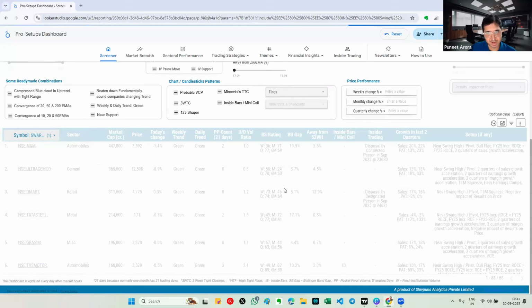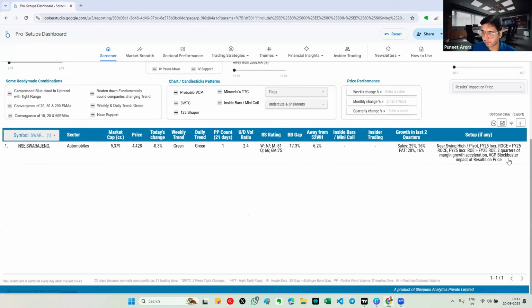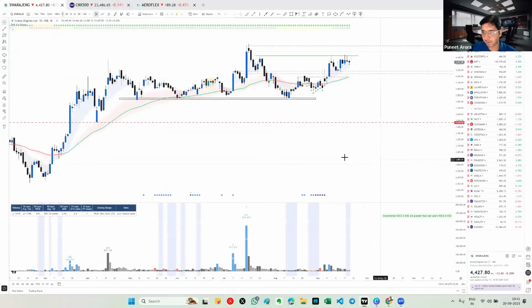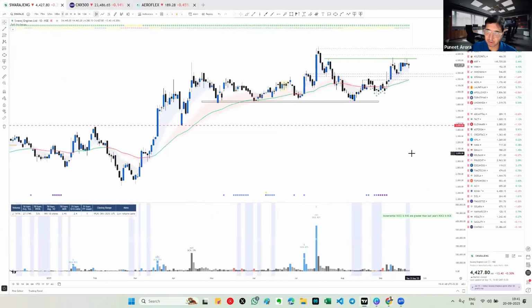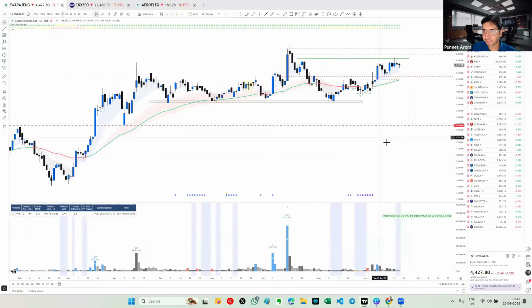So yeah, Swaraj Engines has a strong RS of 66, and it gave a blockbuster impact of results on price also after the earnings. Its incremental ROC is greater than FY25 ROC. Incremental ROC is also high. It's near its swing high, as you can see here. So yeah, it's again a good stock that one can consider.